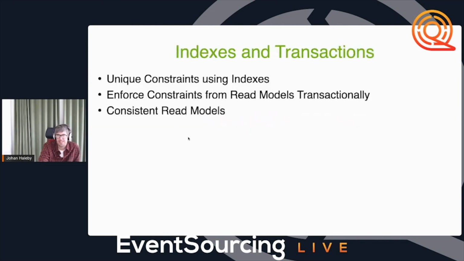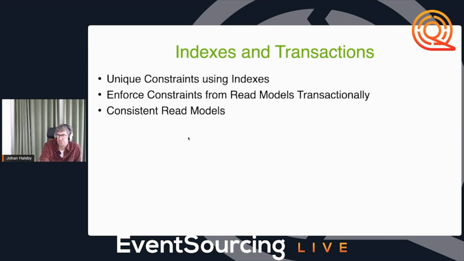And we're getting close to the end here, but just bear with me a couple more slides. So you can also use indexes in MongoDB to create something like unique indexes, which can be quite useful.